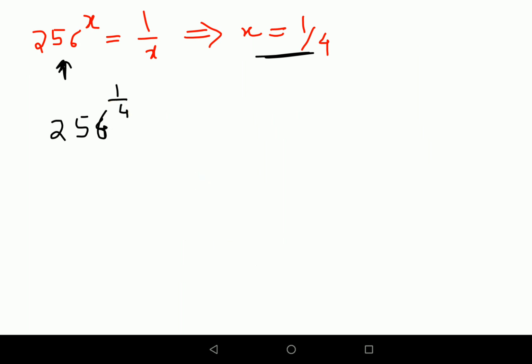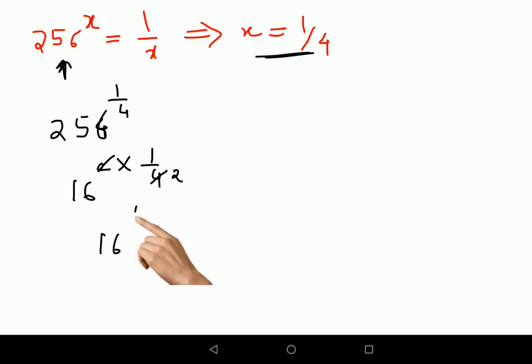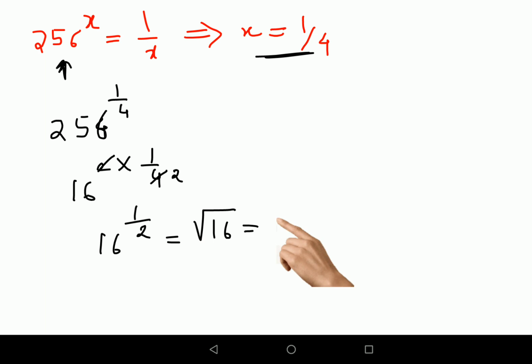What happens over here is this is nothing but 16 square into 1 upon 4, right? So this is getting cancelled. This is nothing but 2. So we have 16 raised to 1 upon 2. That is 16 raised to half, which is nothing but root of 16, which gives you 4.